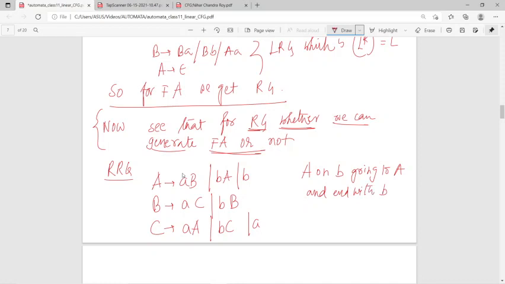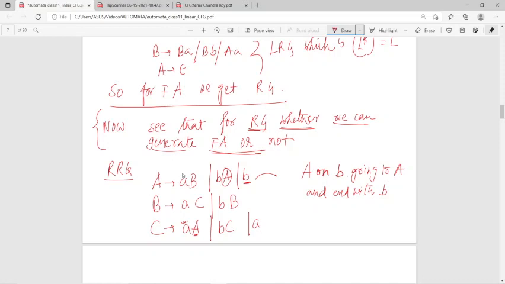I understand what this means: if B comes on this, or A comes, it is the same thing. Suppose B comes on this, that will go to A itself, and that will be ending with B. Or you can say from C on going to A, when small a is read it will go to a, and it will be ending with that particular a.